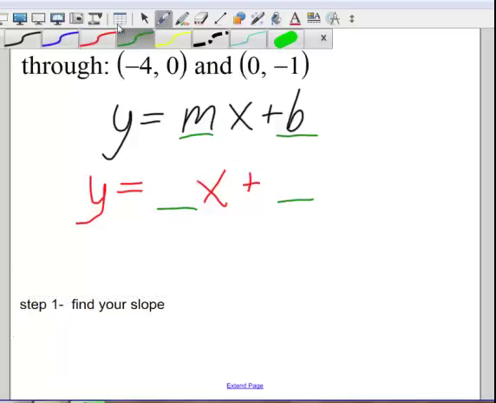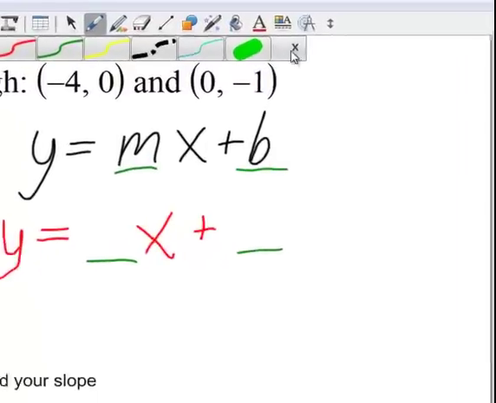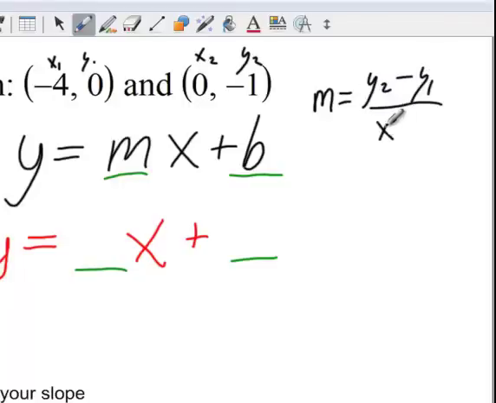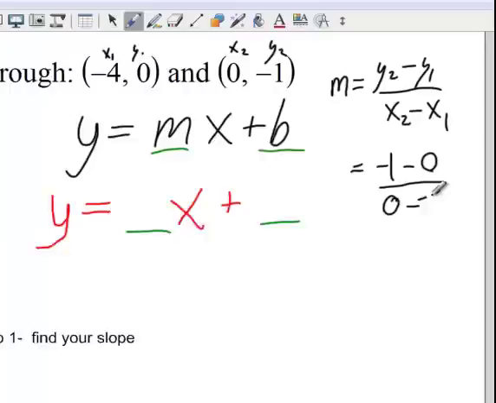Well, we know that slope is the difference in my y's over the difference of my x's. So let's call that x1, y1, x2, y2, and let's find my slope. My slope is equal to y2 minus y1 over x2 minus x1. If I plug this in, that's negative 1 minus 0 over 0 minus a negative 4.